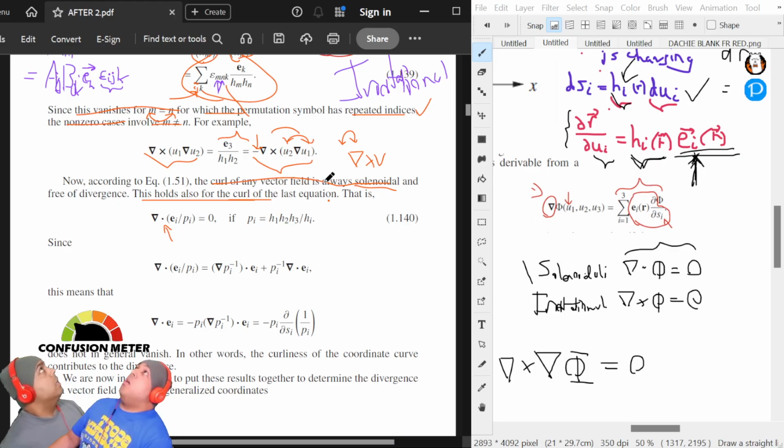The curl of any vector field is also, let me write that down over here.